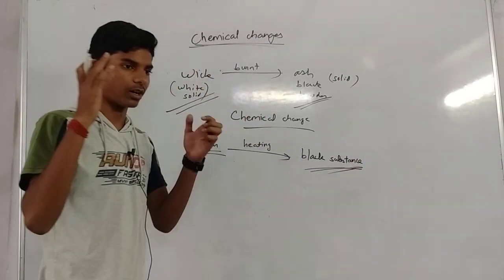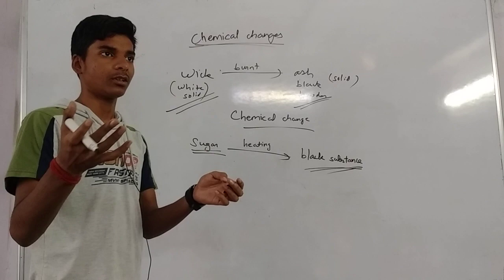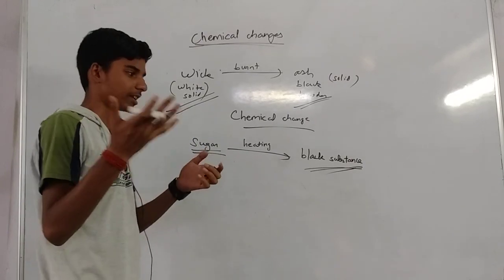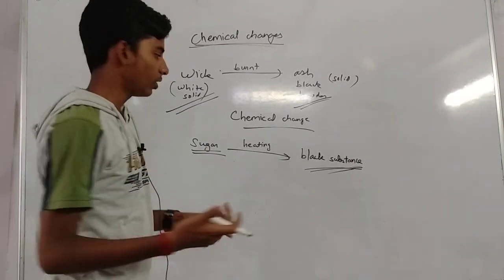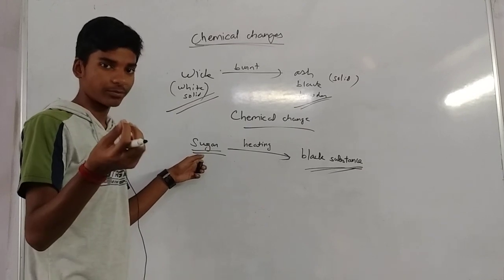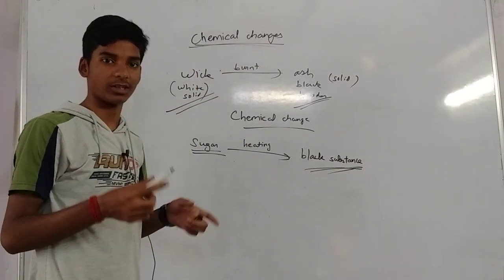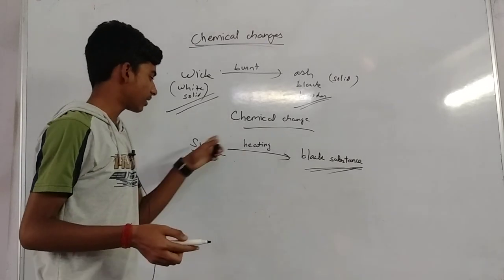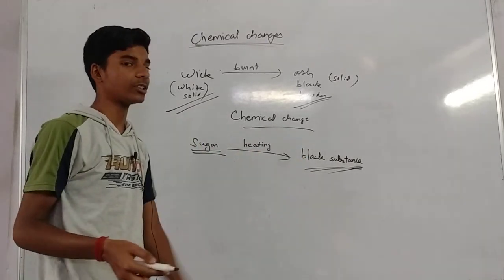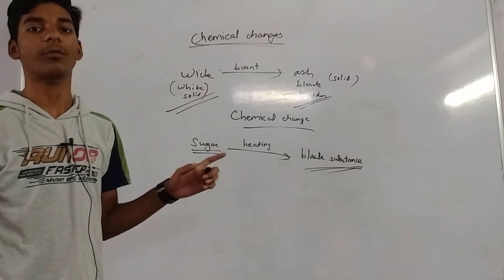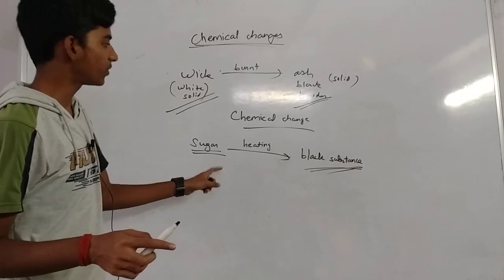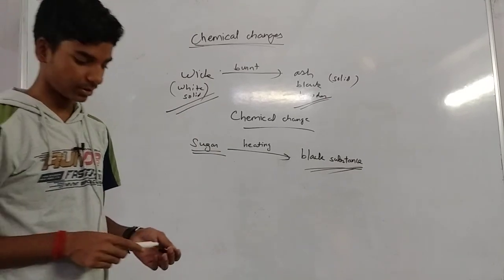A black, paste-like substance will be formed in the bowl. So the sugar is in solid state, and the black substance is a paste, or we can say a semi-molten solid. So the properties of the solid and the semi-molten solid are entirely different from each other. These types of changes are called chemical changes.